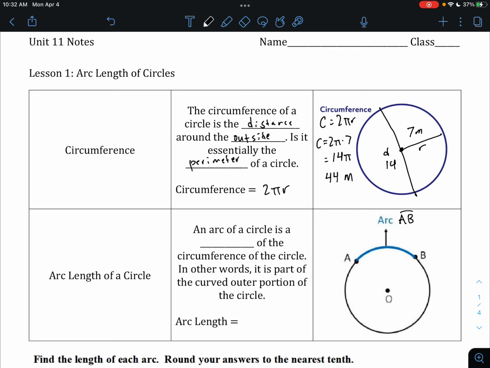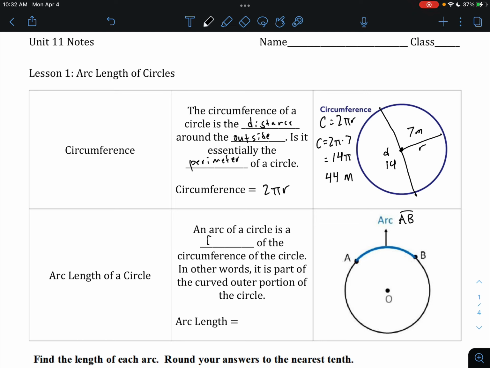And we use that little curved mark to denote our arc. But that's not the most important thing. The most important thing is what the actual value is. And the way we can think about an arc is it is a fraction of the circumference. So the circumference is the distance all the way around. We can measure an arc by taking a fraction of the circumference.